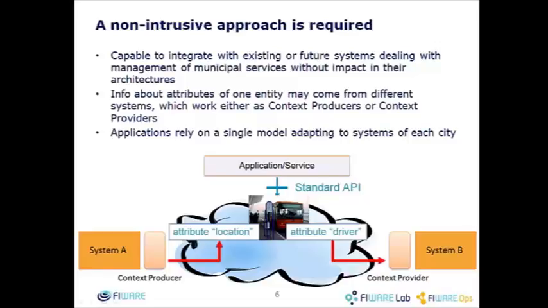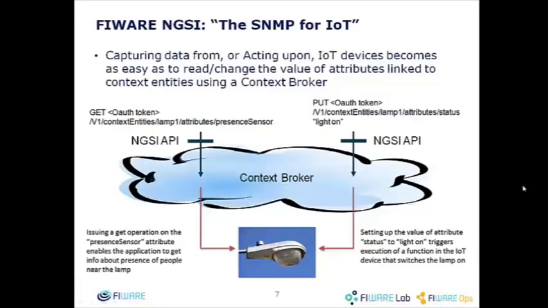But you don't have to change anything in the way you consume this information. So it allows your application to rely on a single model that adapts to the different systems, and that can be applied to the smart cities context. And this is where the NGSI API comes in. This is where it all makes sense, as it acts as a connector between the different systems using the enabler.